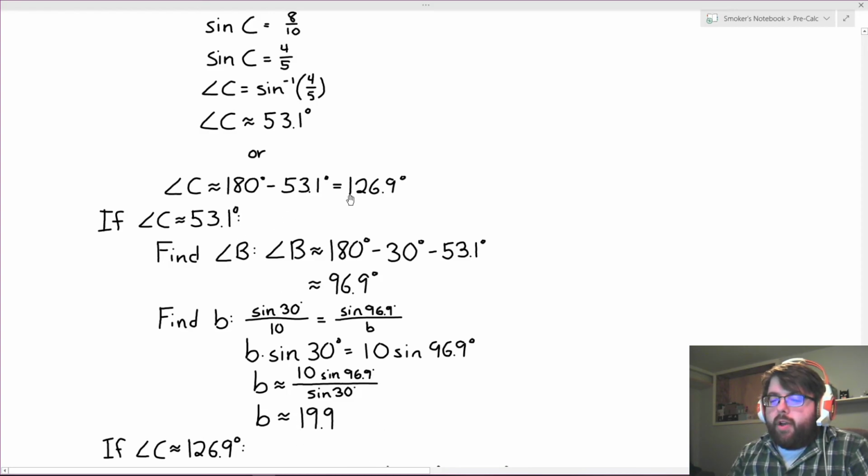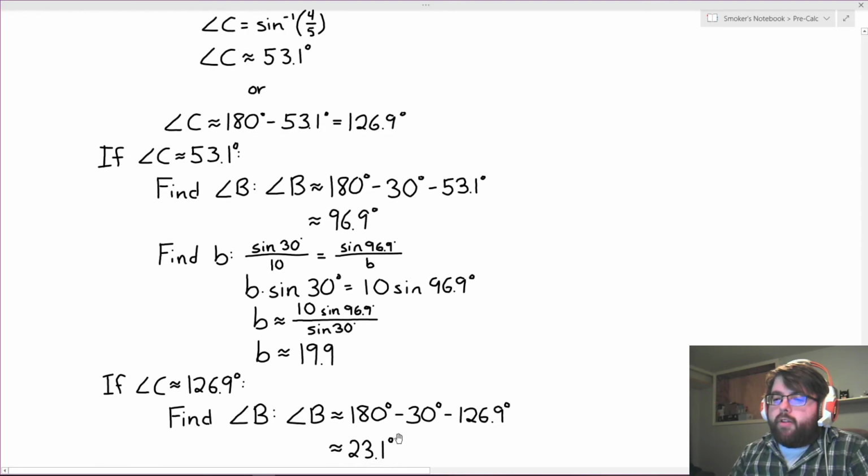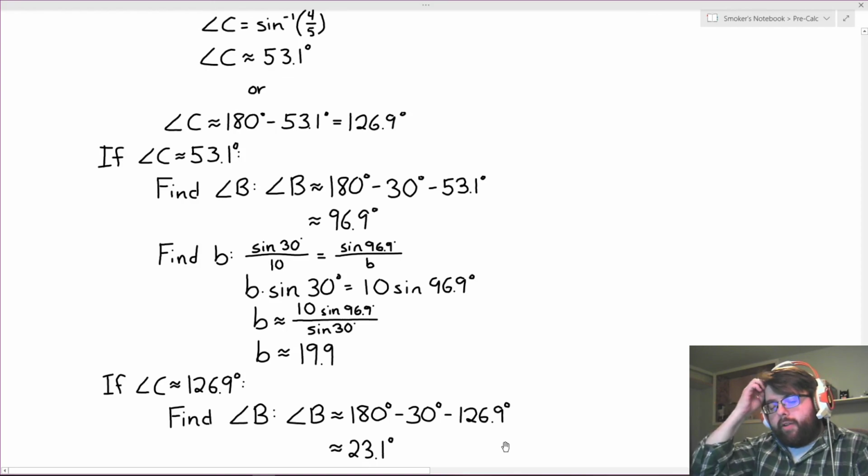But we also have to consider 126.9. And unlike in the last example, when we take 180 minus 30 minus 126.9, we get 23.1. So this is a legit triangle. Okay, so this actually works.